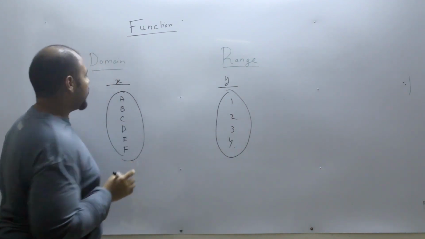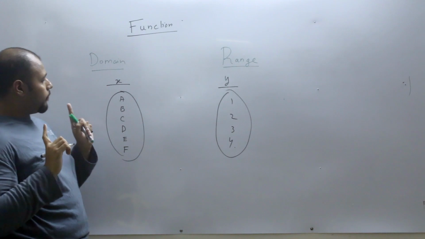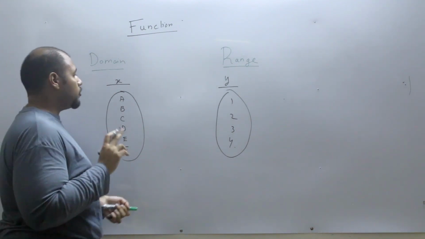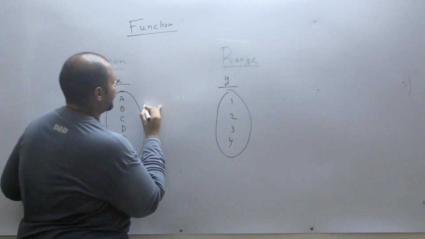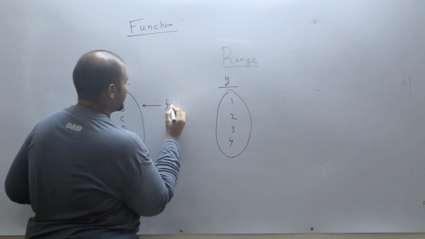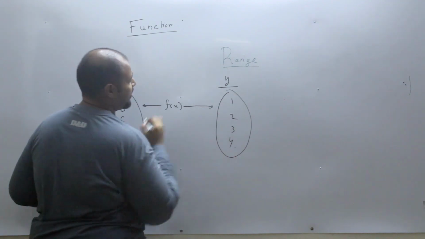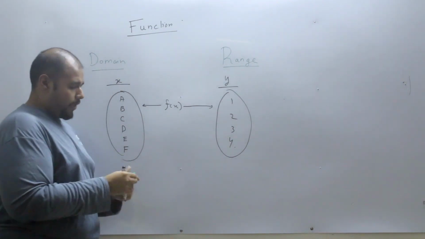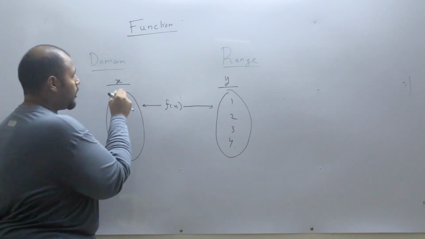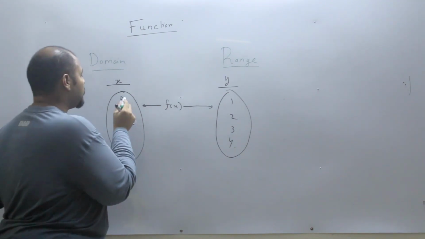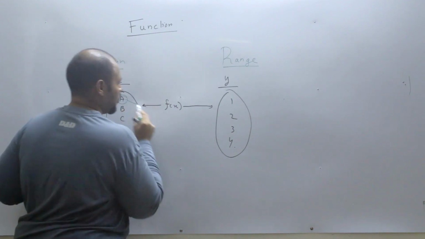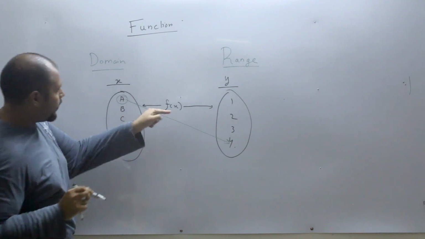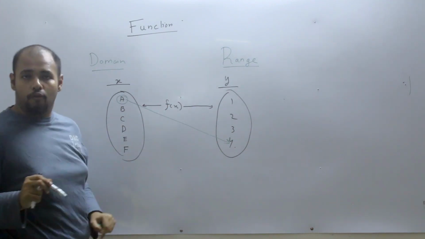As per the mapping or the relationship goes, suppose you have a function, say f of x. You don't know what the function is, whether it can be linear, quadratic, or any other function. After that function, if you map one element of x to y, suppose I map A with 4, that means when you put A in place of x, you are going to get 4 in your range.